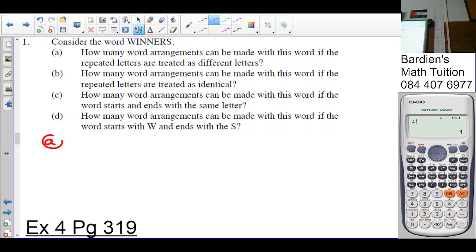How many word arrangements can be made with this word if the repeated letters are treated as different letters? So how many bits will I draw here? 1, 2, 3, 4, 5, 6, 7. Okay. So how many options do I have here?